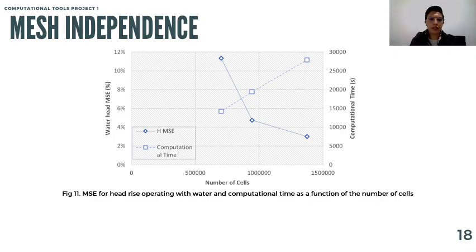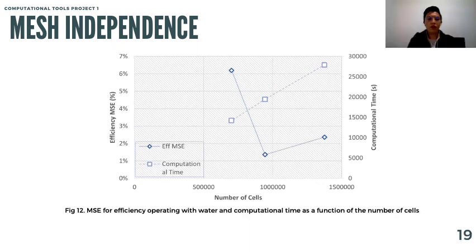Here we can compare the error for the head rise and the computational time as a function of the number of cells. The thin mesh has a higher number of cells, and the thick mesh is the one with a lower number of cells.